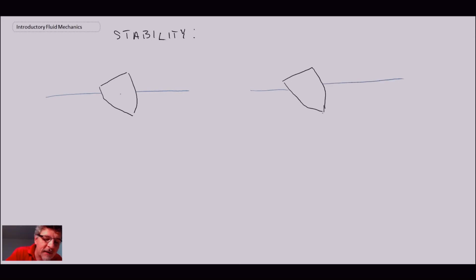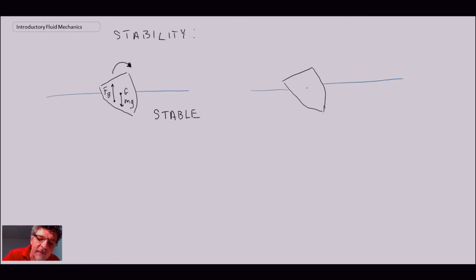Now imagine the scenario where the center of gravity of that object is there, and let's say the buoyancy force is acting here. That would be a case where you would have a moment acting in this direction, and that would turn the object upright. So that would be a stable situation.